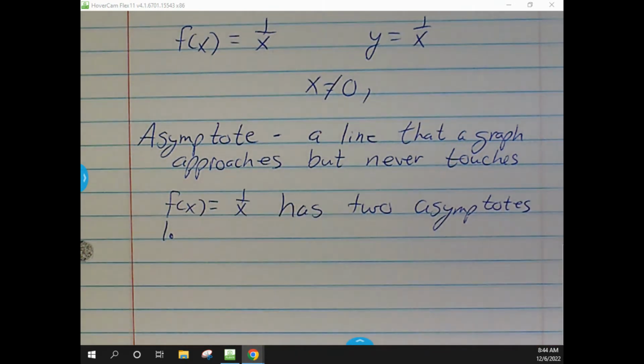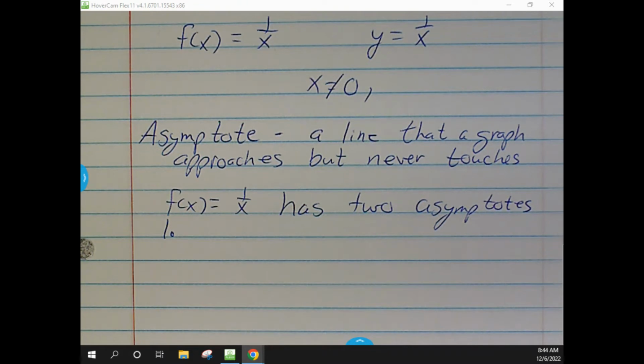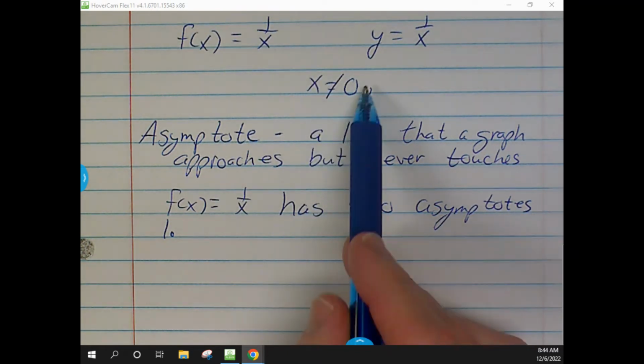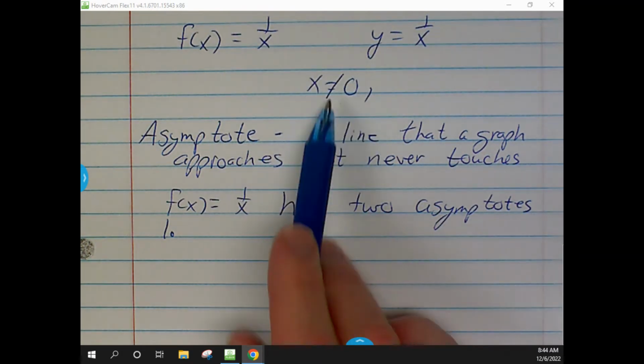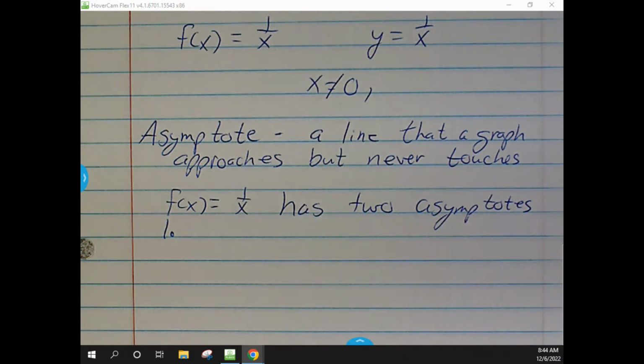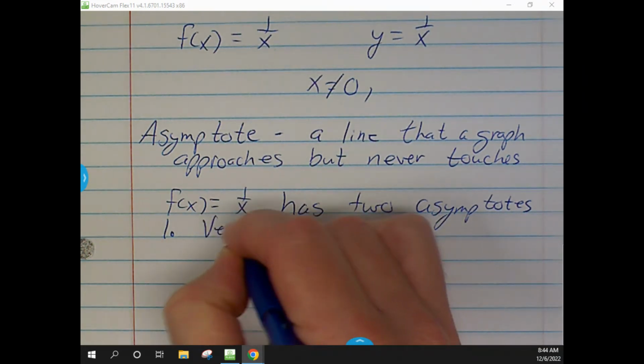And a lot of the functions that we're going to work with tomorrow, we're going to do the same thing, but they just get a little bit more complicated. The first one is that if you've got x equals 0, it makes it undefined. So for that one, we're going to say that we have a vertical asymptote.